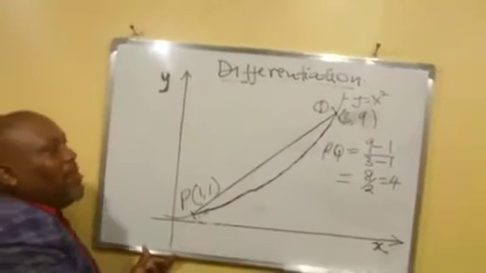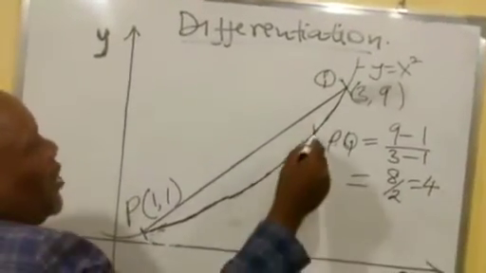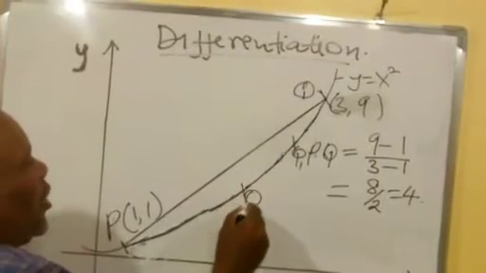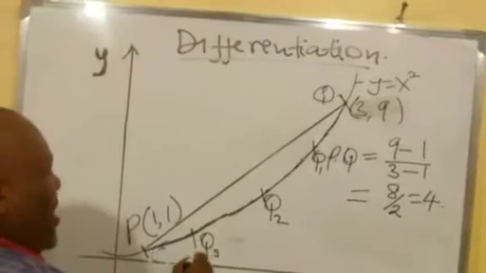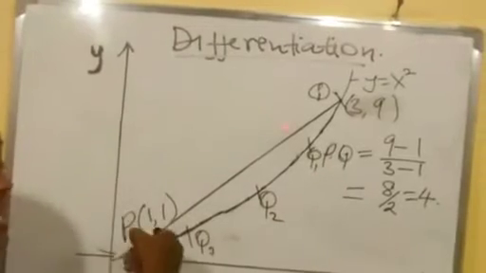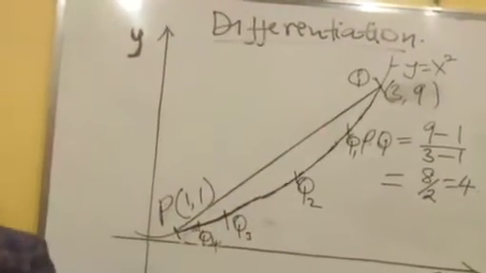But we can also calculate the gradient as we come towards point P. So we introduce another point, and we call it Q1. Also, we have another point here, Q2, and another point called Q3, and another, Q4, as you come towards P, because you want to get the gradient of this curve at this given point.